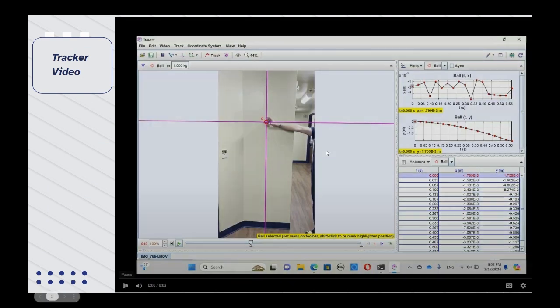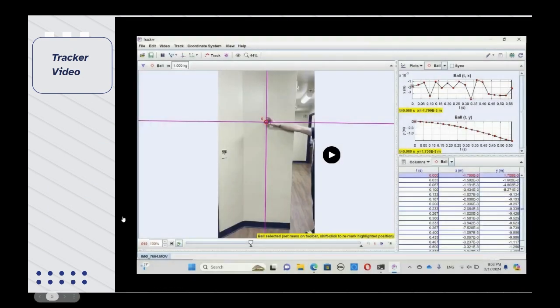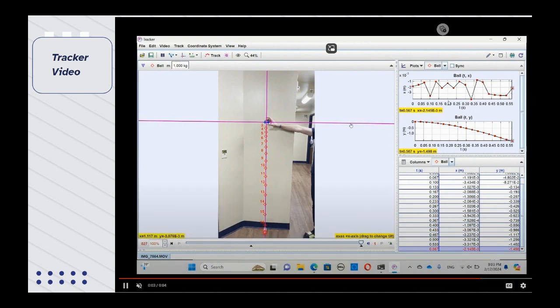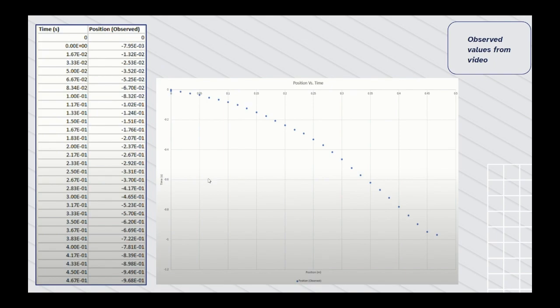This is the video we're going to be looking at. This is the hand from which the ball leaves, and you can see this graph here shows that there's obviously some error to it, and there's not constant velocity obviously.